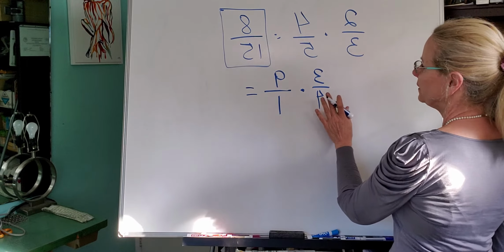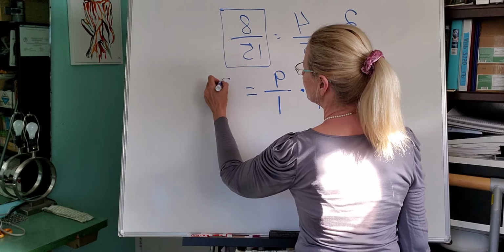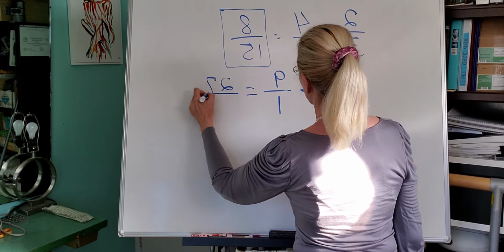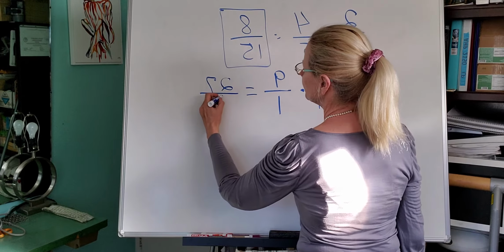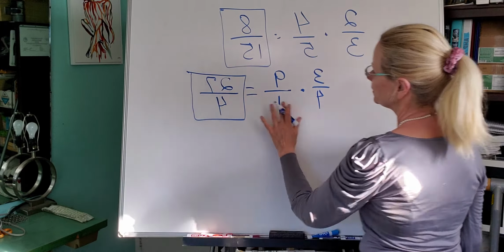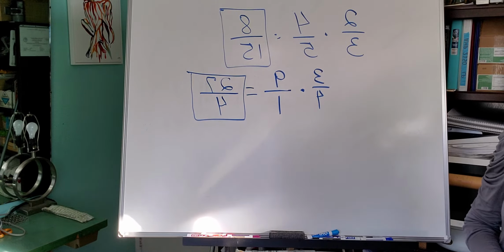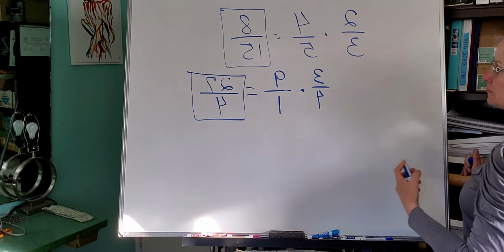So we can now multiply straight across, numerator to numerator and denominator to denominator. Now that's not simplified, but it's multiplied. For now, that's okay. How about 6/7?